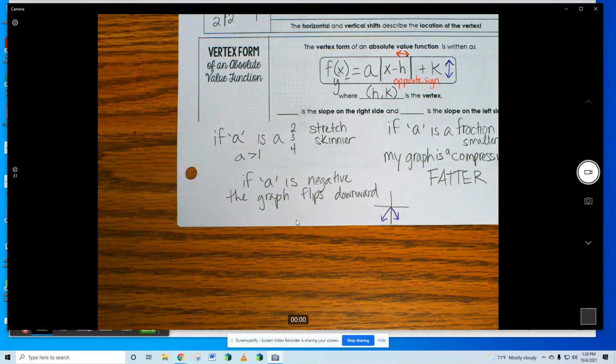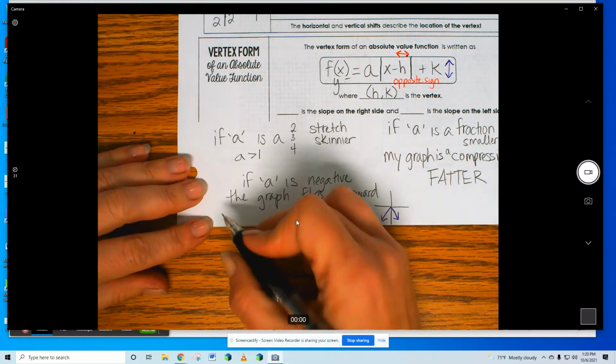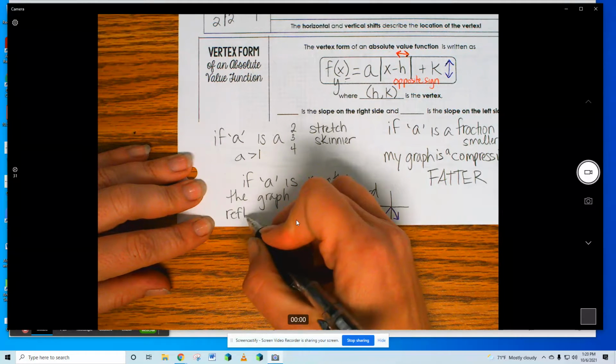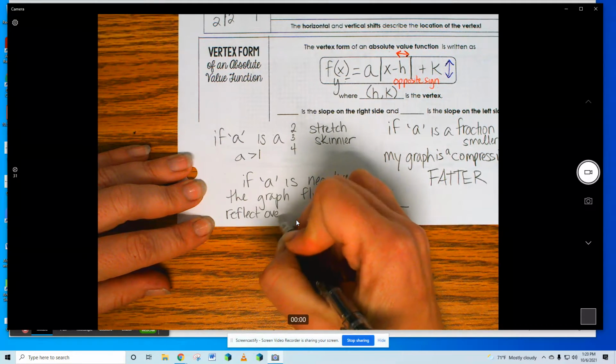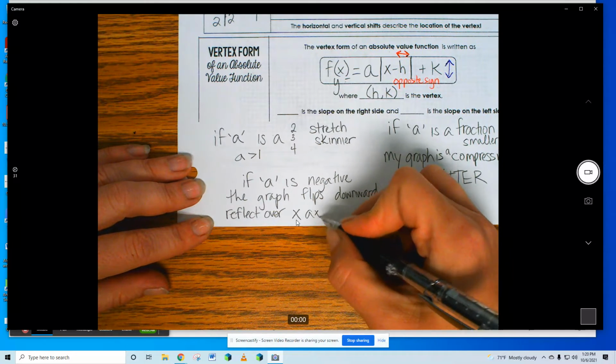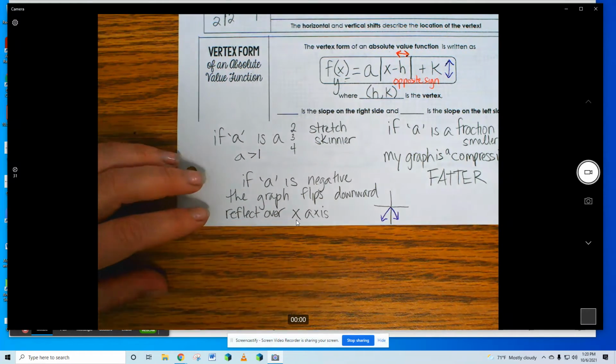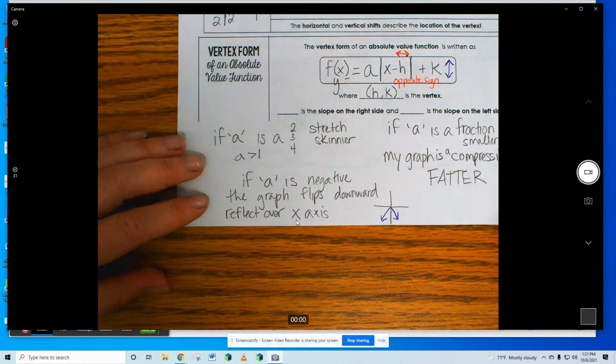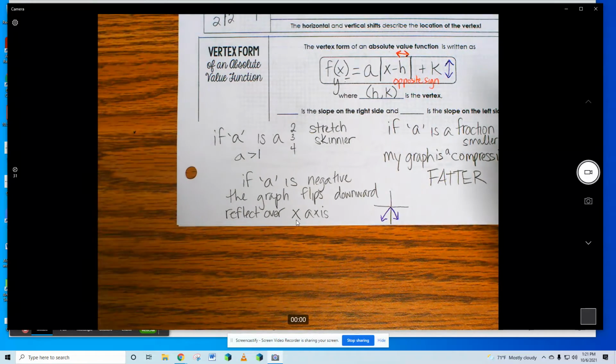And that's going to be, I say, reflect over the x-axis. That's what's happening. The graph is going downward over the x-axis. It used to be on top, and I flipped it down. Reflected it over the x-axis.